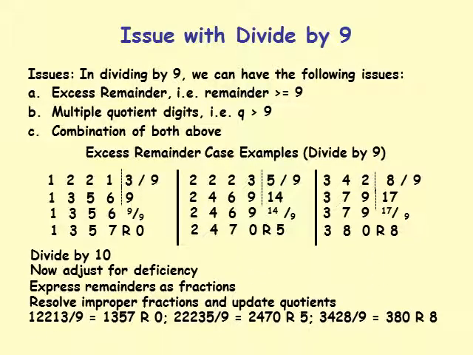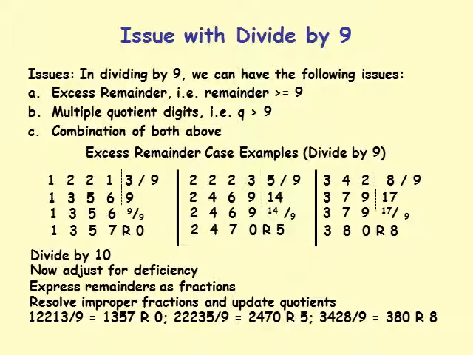So that gets me 1, 3, 5, 7, remainder 0. 1 more than 6 is 7, and remainder was 0. Here the remainder was 5, and 1 more than 2469 is 2470. Here there is a quotient 1 again, so 1 more than 379 is 380, and the remainder from 17 divided by 9 is 8.